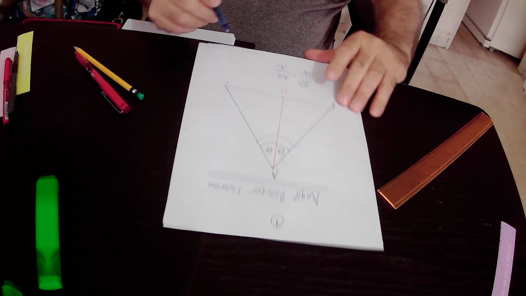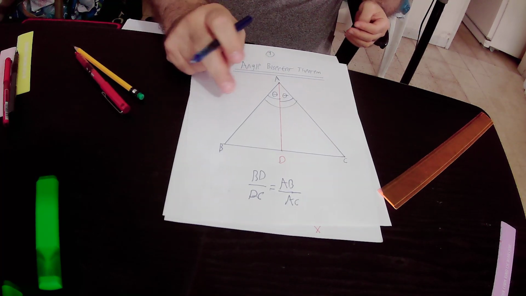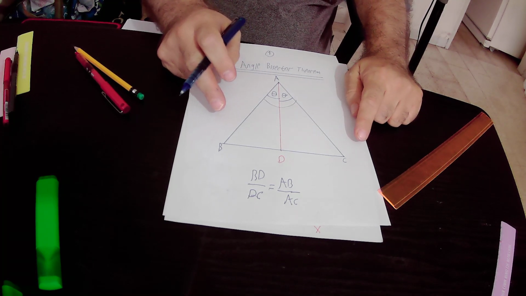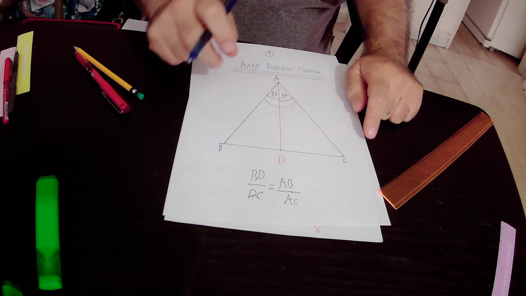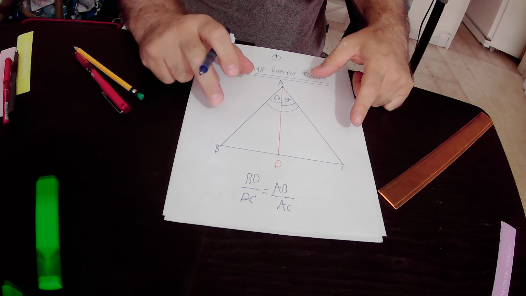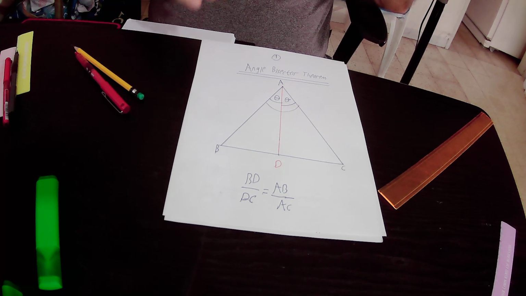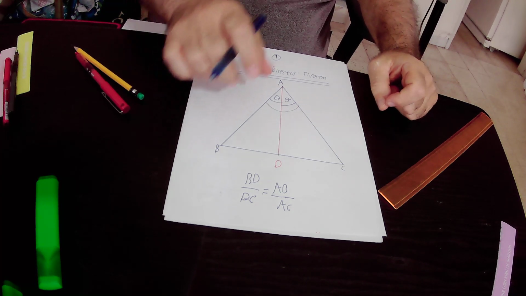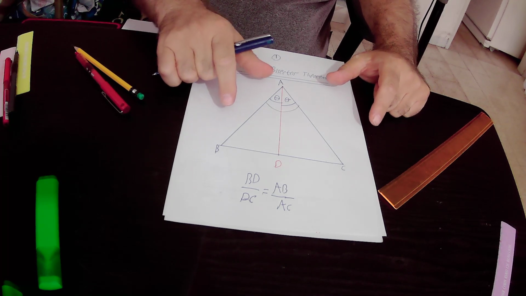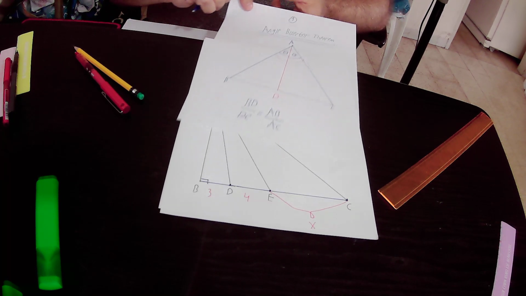So the ratio in which angle bisector AD divides side BC is BD over DC, and that ratio equals the ratio between the angle legs, that is to say, AB over AC. Okay, so that is the angle bisector theorem.